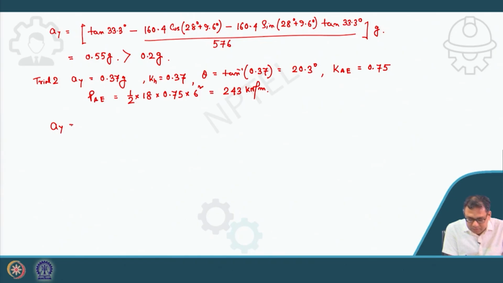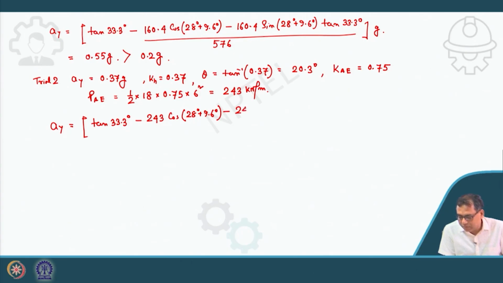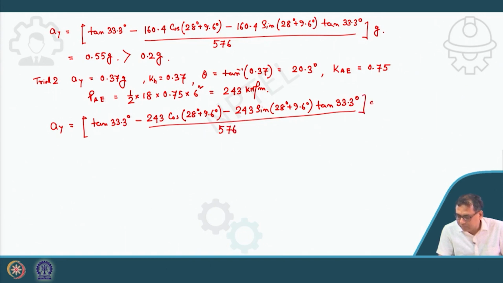Similarly, again I am calculating AY, that is 33.3 degree minus, now 160 will change to 243, other values will not change, cos 28 degree plus 9.6 degree minus 243 sin 28 degree plus 9.6 degree into tan 33.3 degree, divided by the W value, which will also not change, 576 into G. Okay.